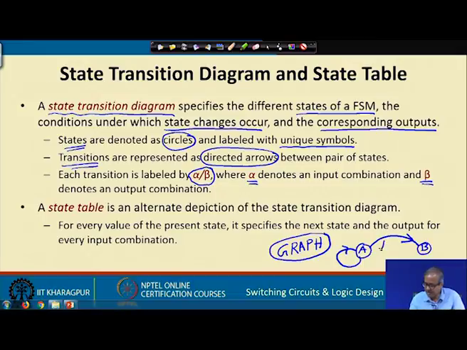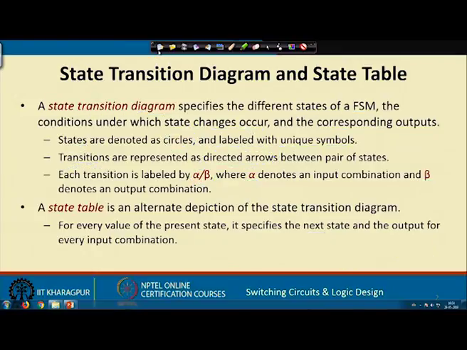So, if I write here alpha comma beta, it indicates that if you are in state A and input alpha has come, then you go to state B and generate the output beta. This is the interpretation. As we said, we shall again see examples.